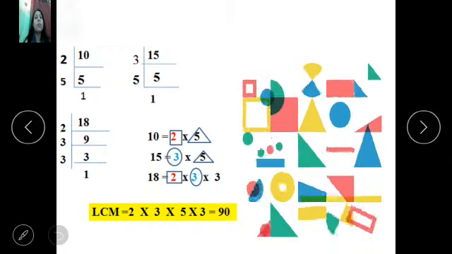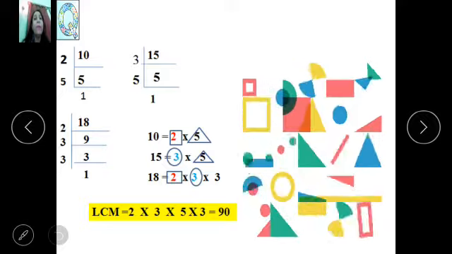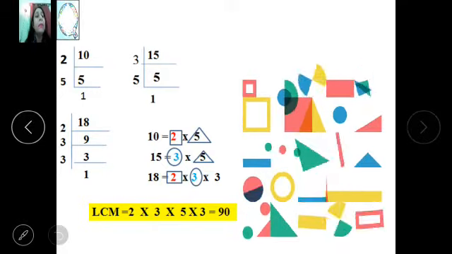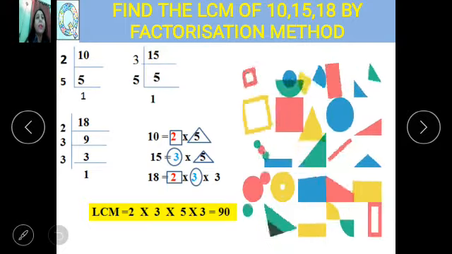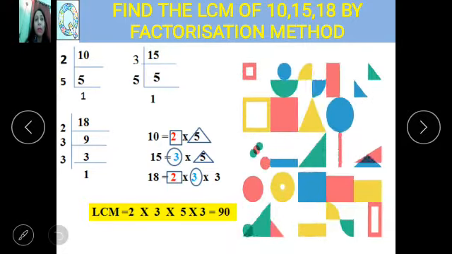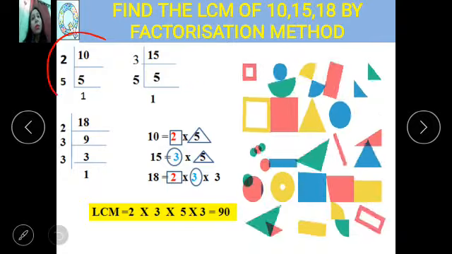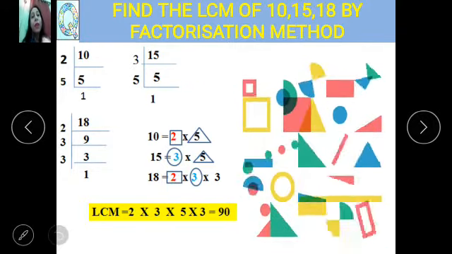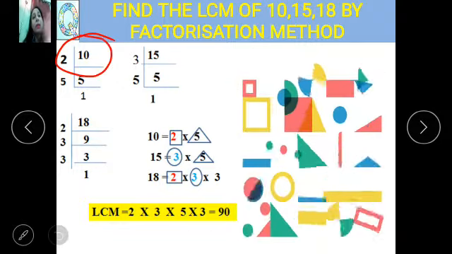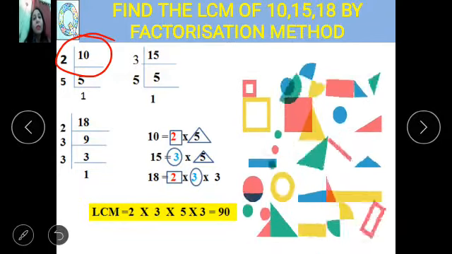Now just see this question, you can understand. Find the LCM of 10, 15, 18 by the factorization method. First I took 10 over here, and you find the factors of 10. First I divide 10 by 2.